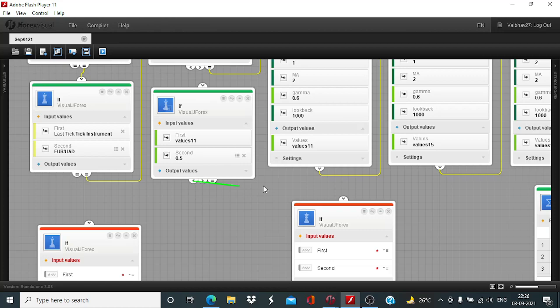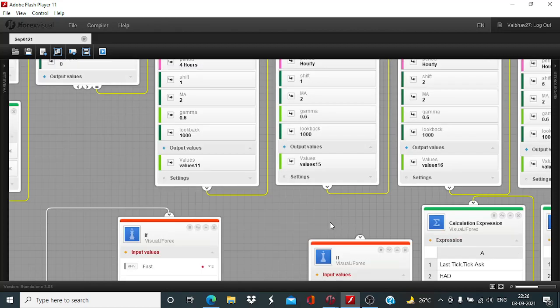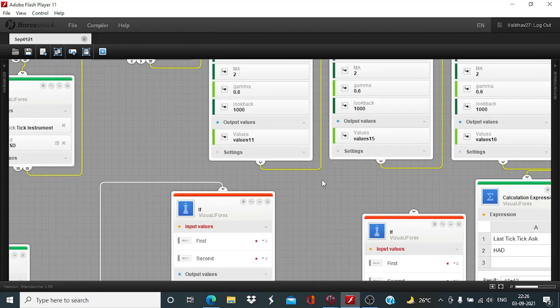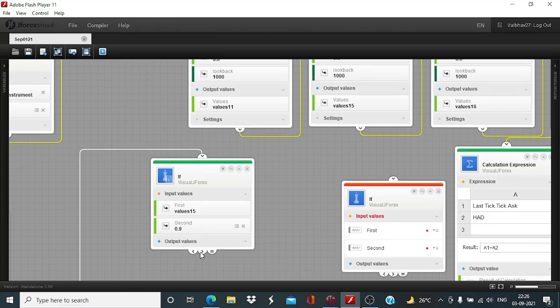So first input less than second input. Okay. After that, we need the last hourly Laguerre ACS output value, which is value 15, to be less than 0.9. First input less than second input.